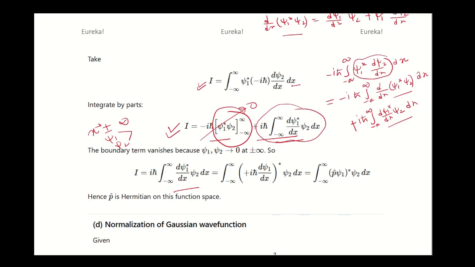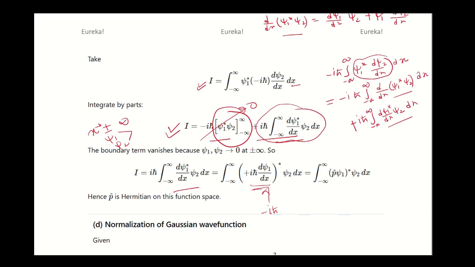Then if we integrate this, we can rewrite this form as iota h cross d psi 1 dx star. If we take the star, then it will be conjugate, that means minus iota h cross, and the d dx operator is not a Hermitian operator at all.